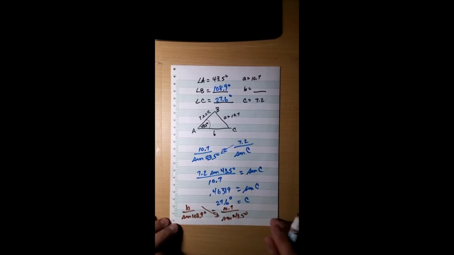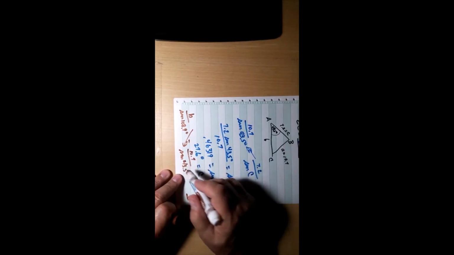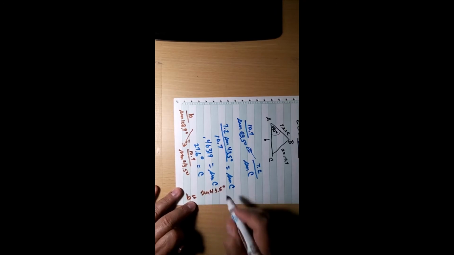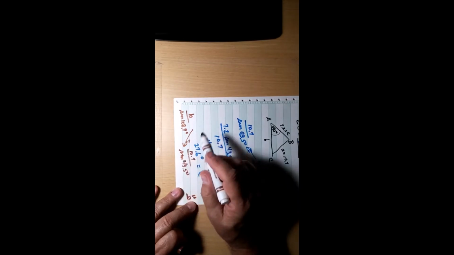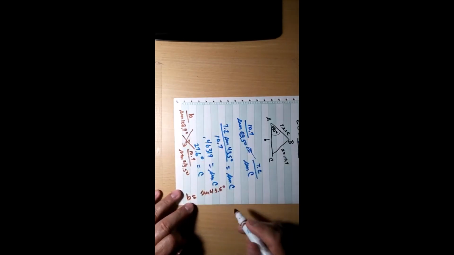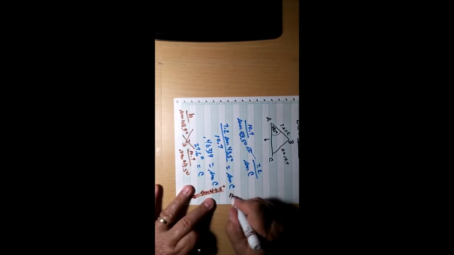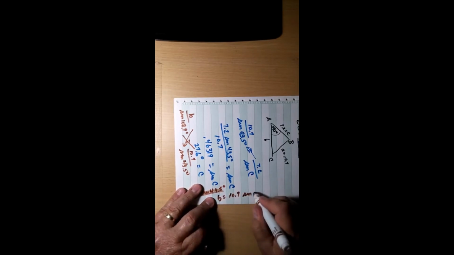So b is going to equal, I'm sorry, cross multiply, 10.7 times the sine of 108.9 over the sine of 43.5.